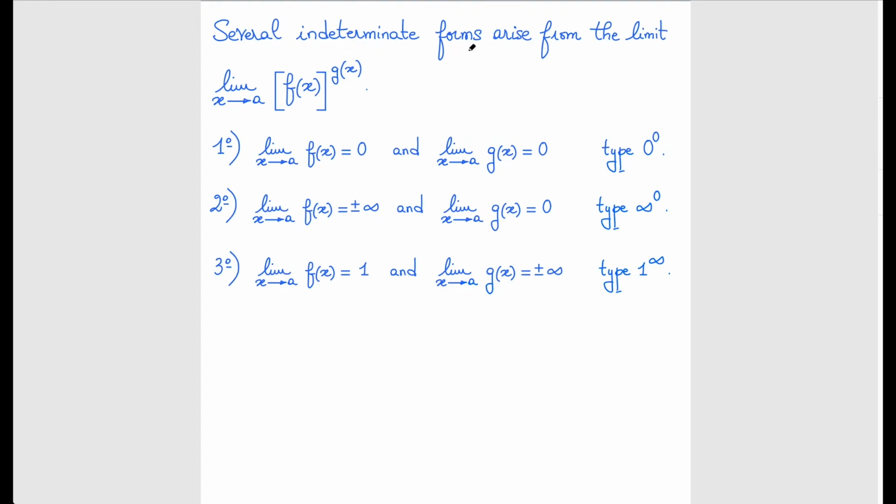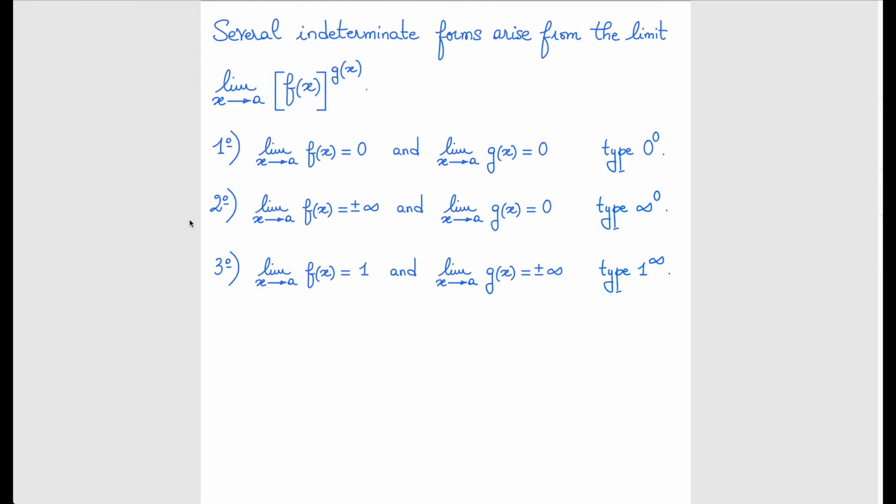Other indeterminate forms arise from the limit that you see on the screen. So the limit as x goes to a of f of x to the power of another function g of x. The first case, if f of x goes to 0 as x goes to a, and the exponent function goes to 0 as x goes to a, this indeterminate form is going to be called of type 0 to the power 0.